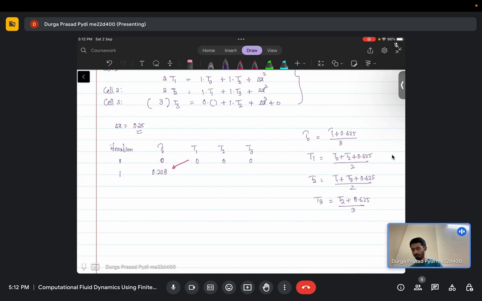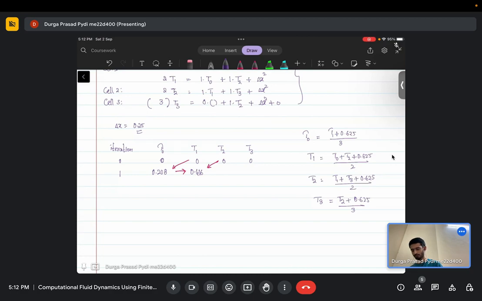And for T1 you have contributions from both T2 as well as T0, so if you use the expression for that, you have T0 0.208 plus T2 is 0 plus 0.625 divided by 2, which is around 0.416.